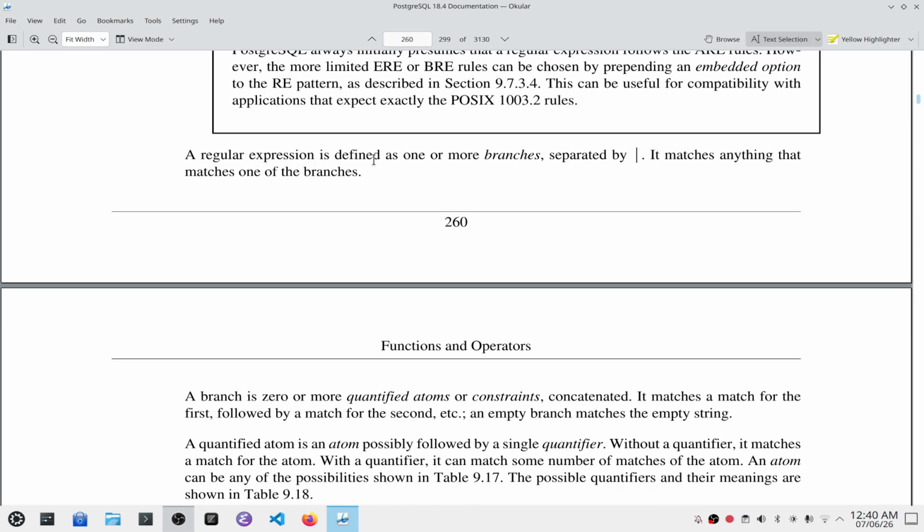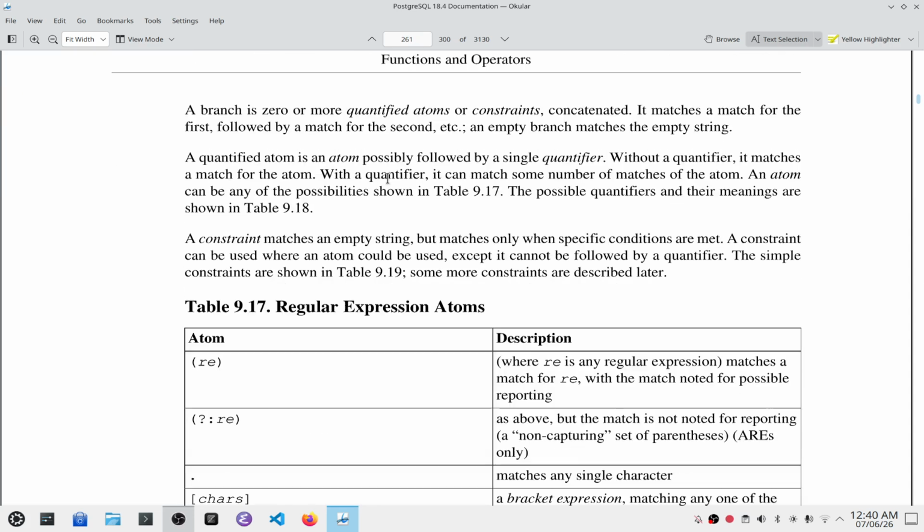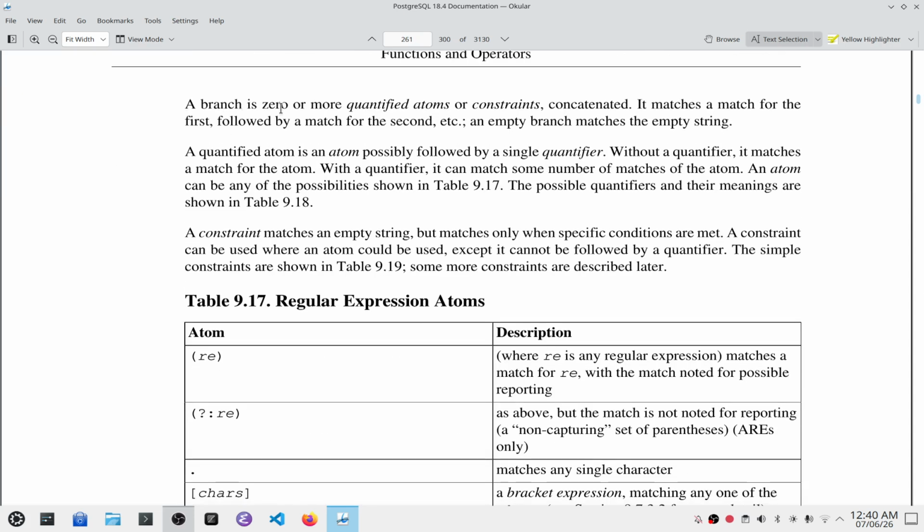A regular expression is defined as one or more branches separated by pipe. It matches anything that matches one of the branches. A branch is zero or more quantified atoms or constraints concatenated. It matches a match for the first, followed by a match for the second, etc. An empty branch matches the empty string.